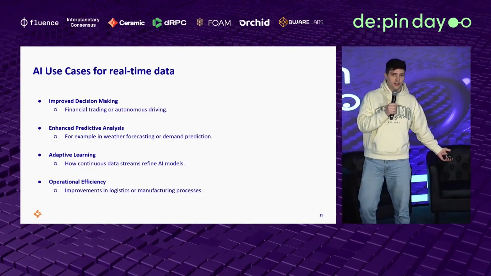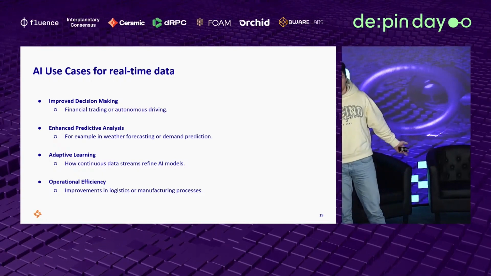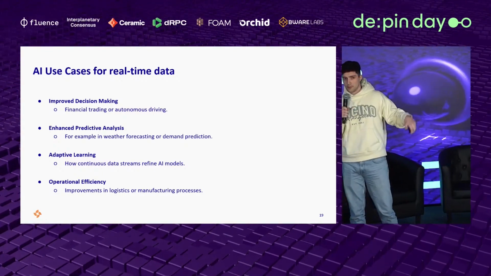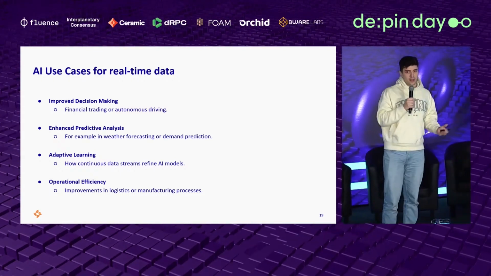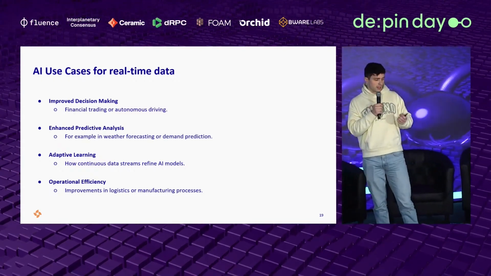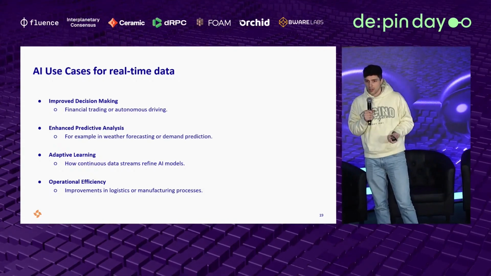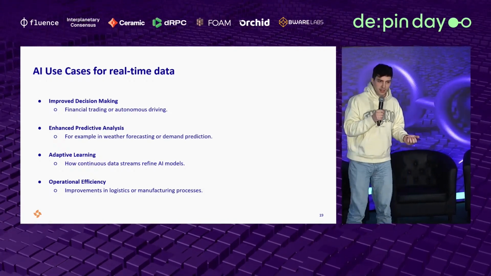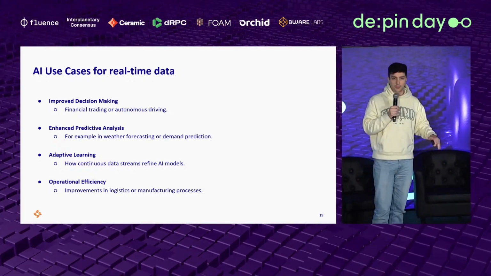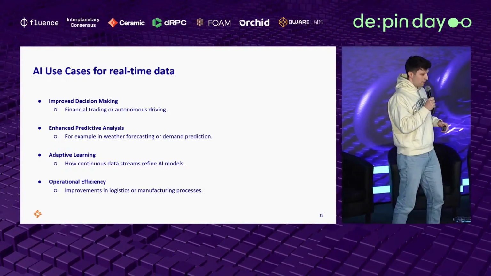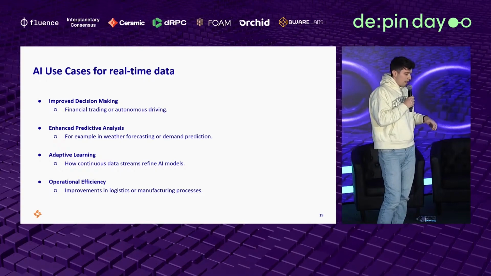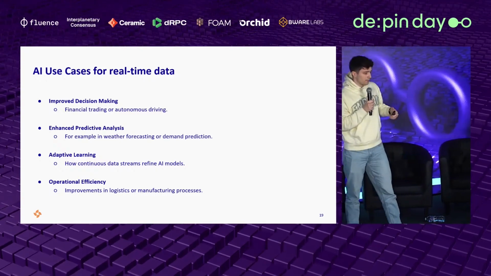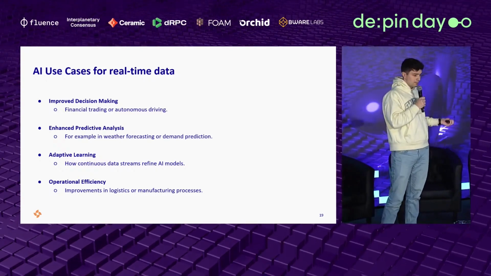Financial trading, like imagine you listen to the current Bitcoin price or the current Ethereum price, really nice prices at the moment, and then an AI is taking this data in, and maybe there's a trading bot making trades based on this. We actually had a hackathon project that did that with the Binance market data. Enhanced predictive analysis, weather forecasting, adaptive learning.